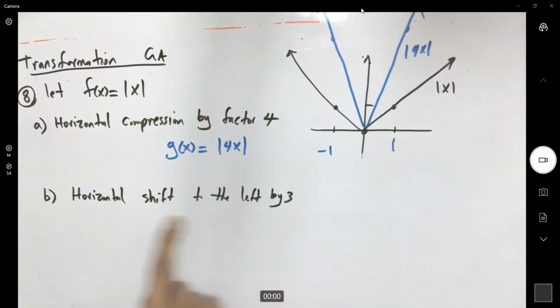It means that I have to make changes to my x.